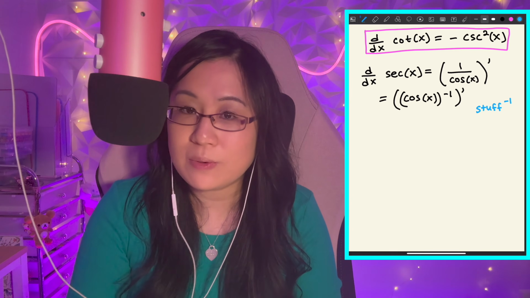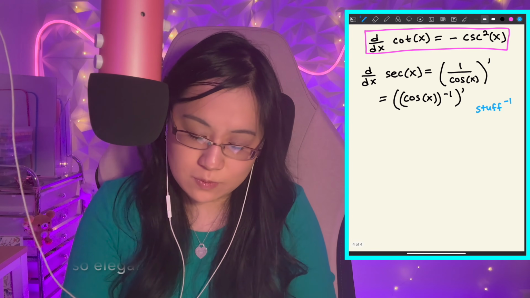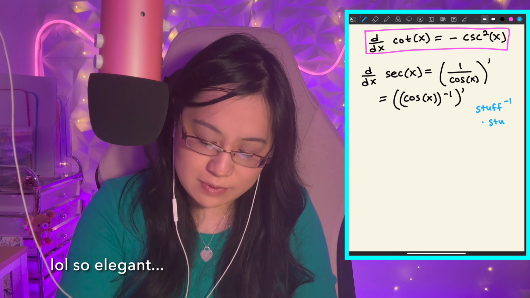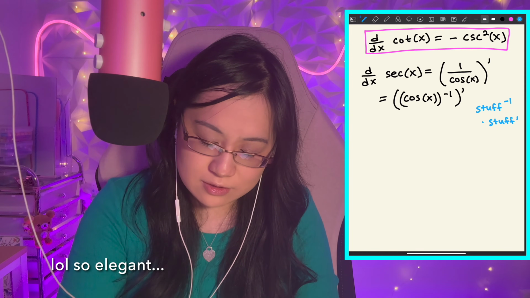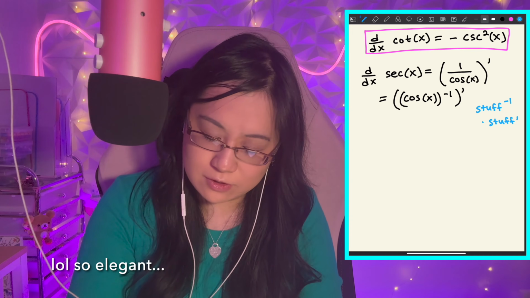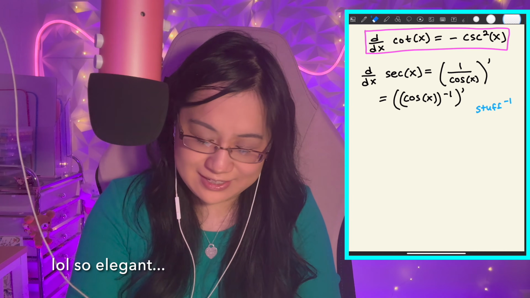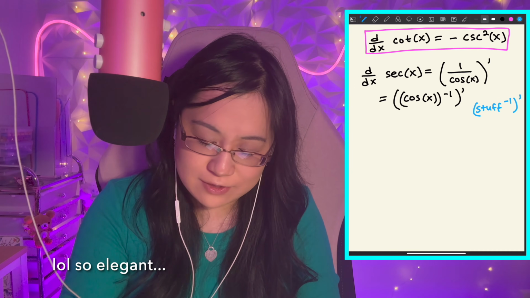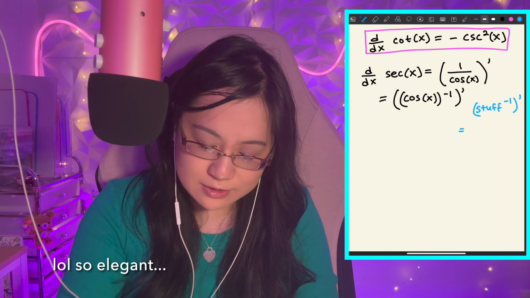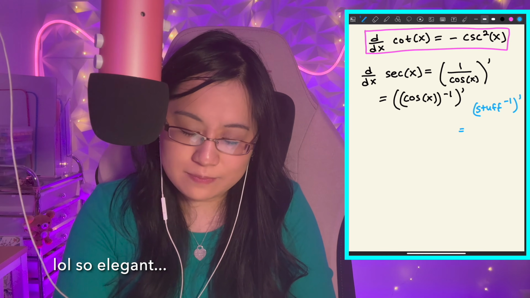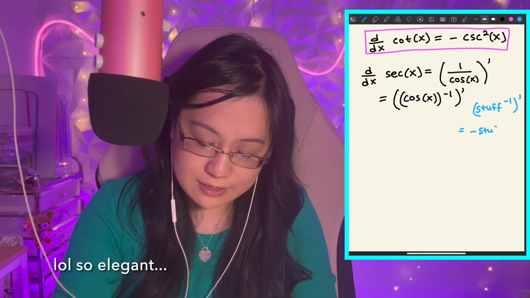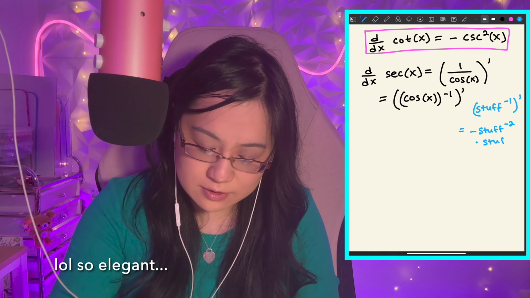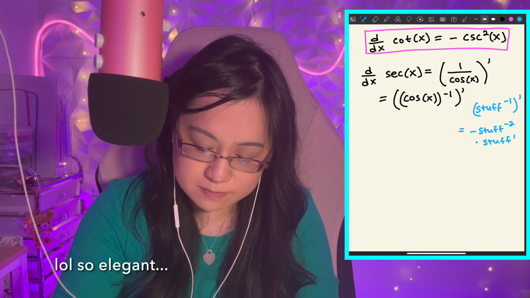So I'm using the power rule and the chain rule. But because stuff is not just x, I have to multiply by the derivative of stuff. So the derivative of stuff inverse is, I'm gonna do the power rule, so negative stuff to the -2 times stuff prime.